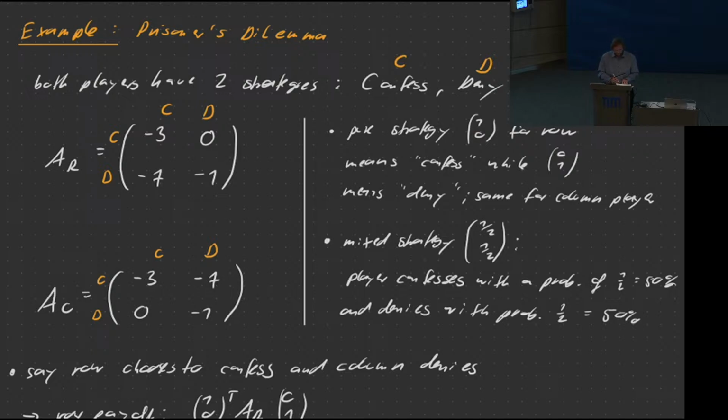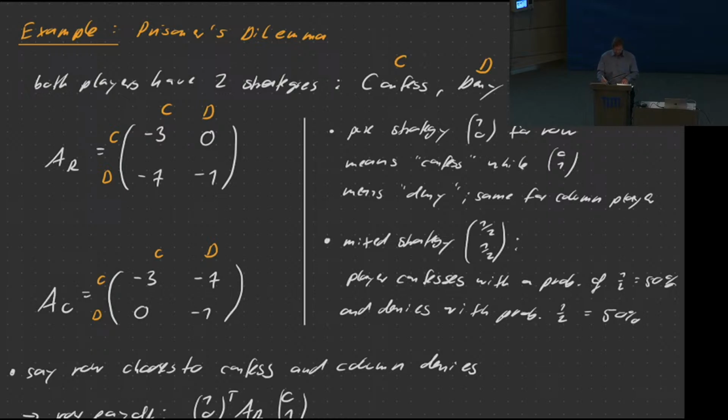So in other words, the row player chooses to play row 1. On the other hand, this strategy here would mean assigning a probability of 0 to the first row and a probability of 1 to the second row. So in other words, the row player would choose to play row 2. And of course, the same can be said about the column player.